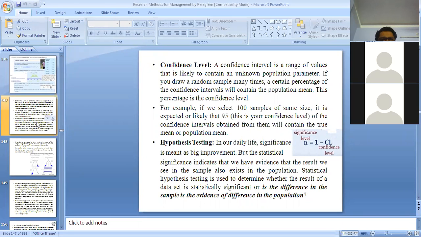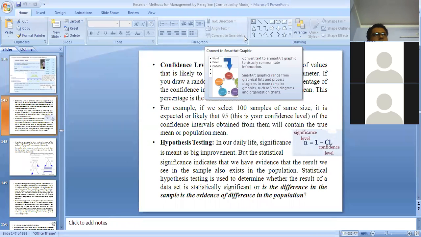Now, how can you perform the hypothesis testing? In order to test the hypothesis, you can use Minitab software or Statgraphics software, or several other software packages by means of which you can very easily do the hypothesis testing. You can also find different videos on YouTube on how to do it.